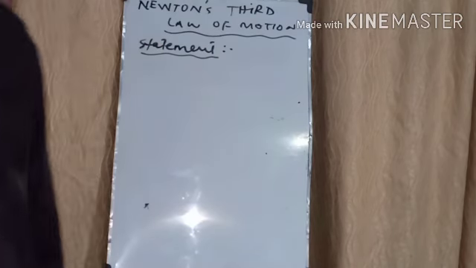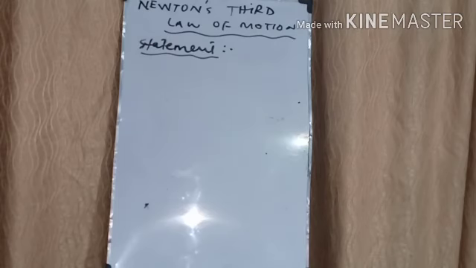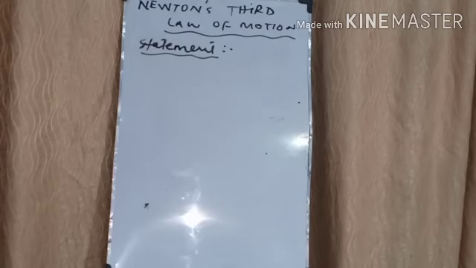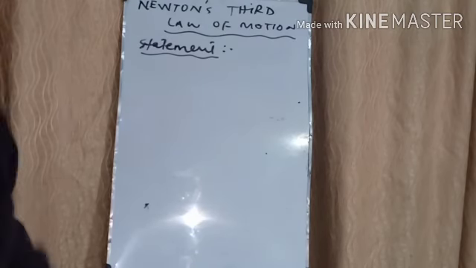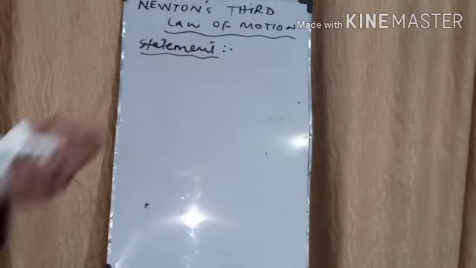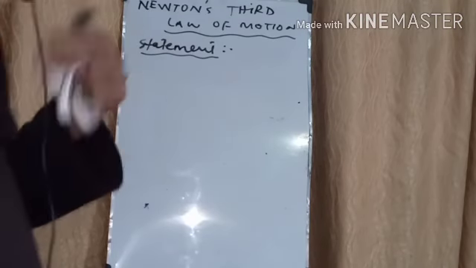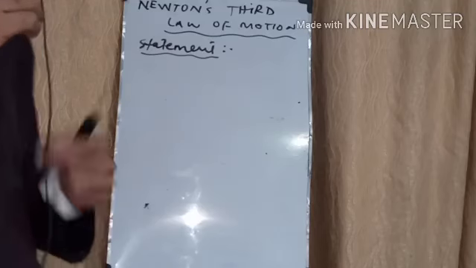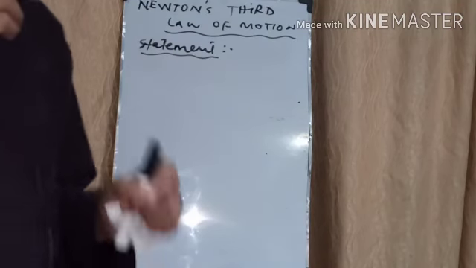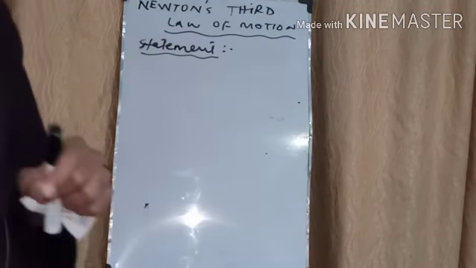That means if we throw a ball at a wall, when it strikes the wall it comes back in the backward direction. When we throw the ball, this is the action. When the ball rebounds after the collision, that is the reaction. To every action there is an equal and opposite reaction.